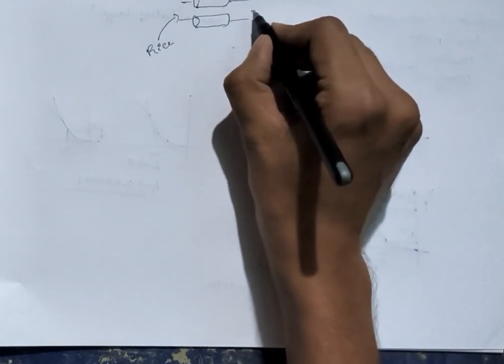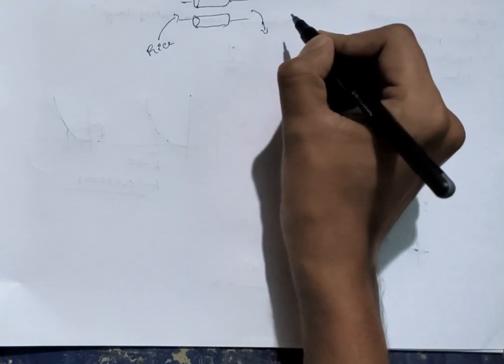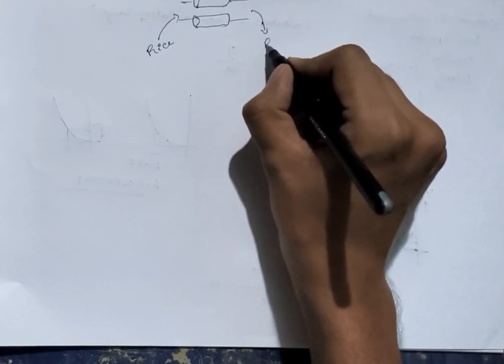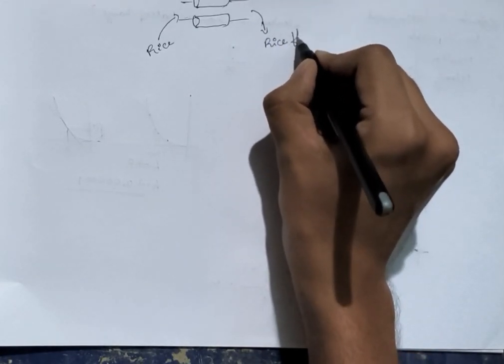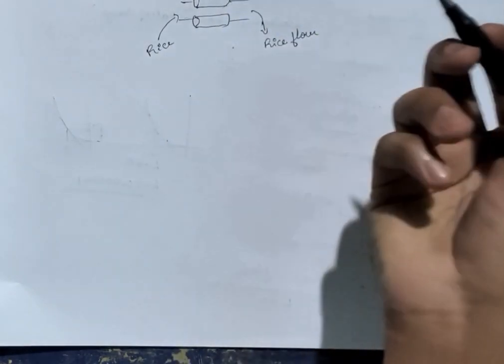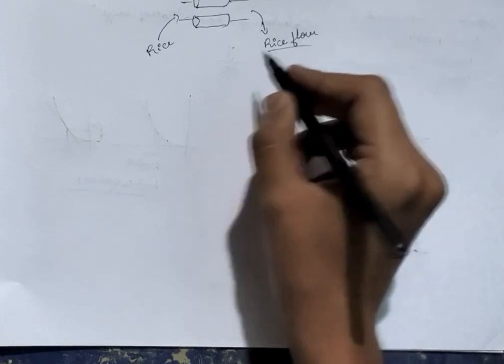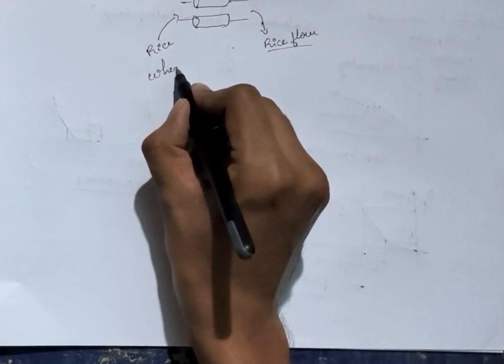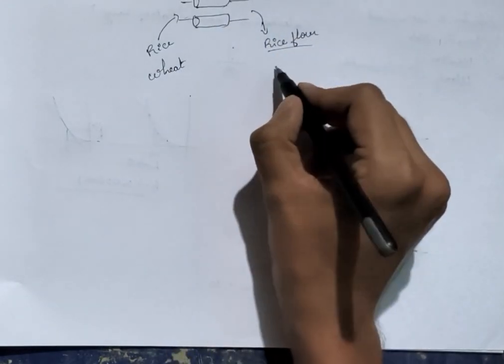So what is the function here? It is just decreasing the size of the grain, whatever you give. Rice gives reduced size grain, wheat gives reduced size grain, wheat flour.